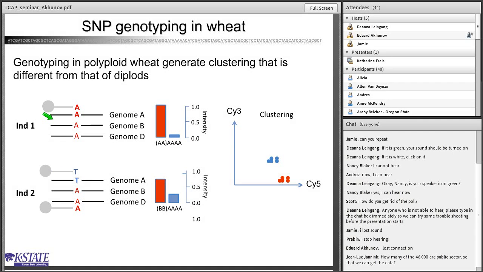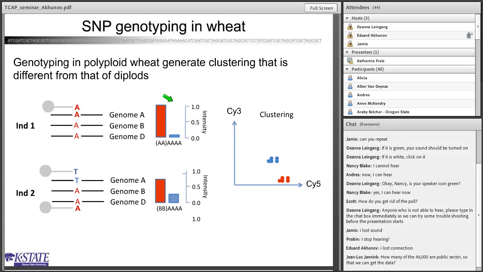And then after being extended, the fluorescent intensities that you'll get for these 2 genotypes will look like what you can see here on the right. The dosage of B allele to the A allele will be 1 to 2 in the first case, and here you'll have only the A allele, and there will be 0 of the T allele.